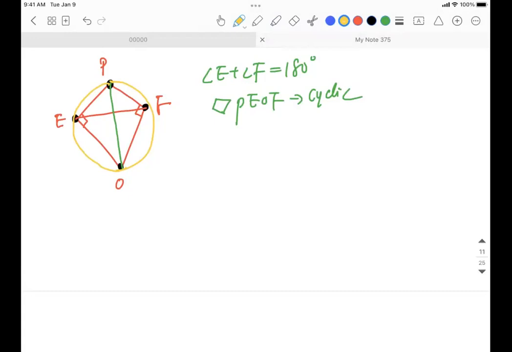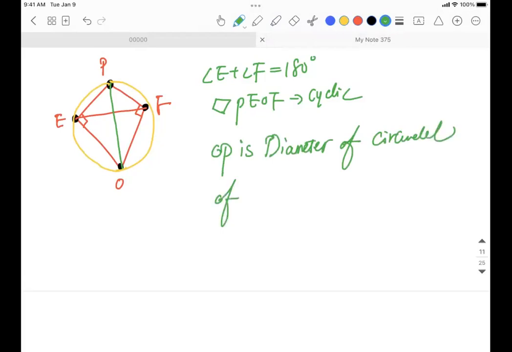If that's the case, I will be able to say OP is actually the diameter of the circumcircle of triangle EOF. Is that right?